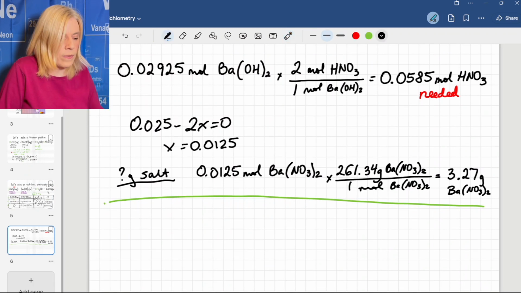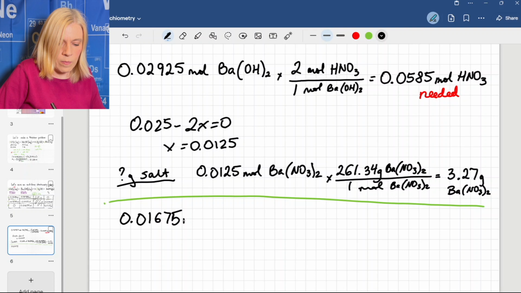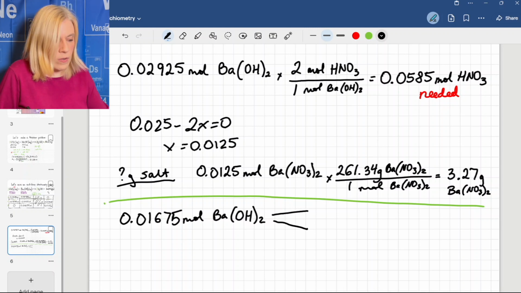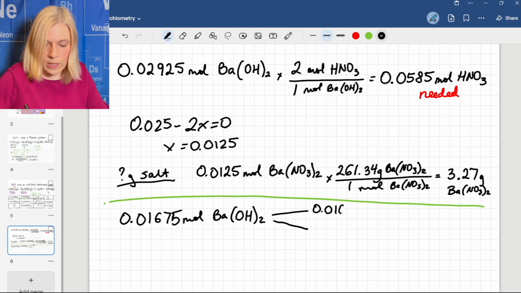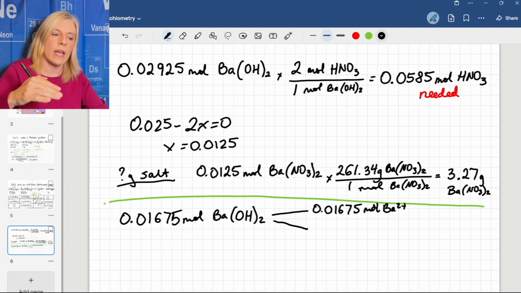So let's write down what we have. We have 0.01675 moles of barium hydroxide here. Now, this will split up, right? There is 1 mole of barium, but there are 2 hydroxide per 1 mole of a compound, right?